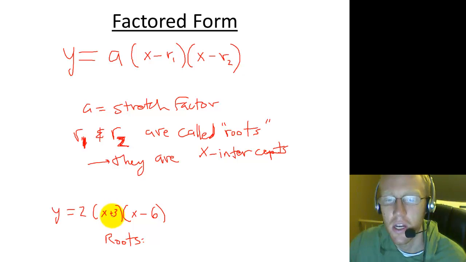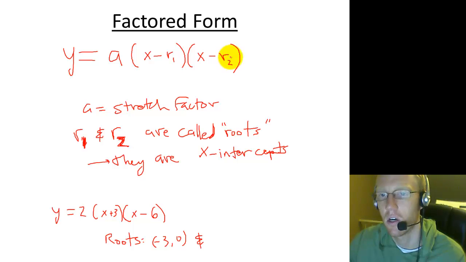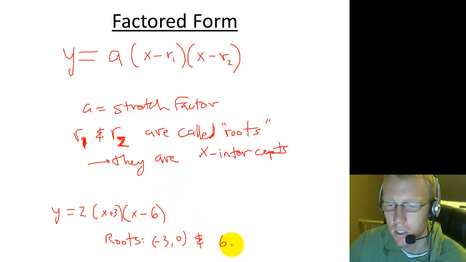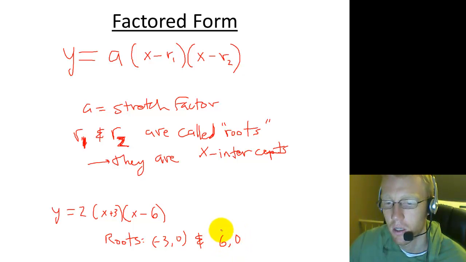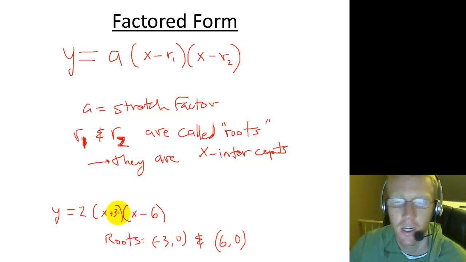So negative 3 is actually what the root is. And since it's an x-intercept, you want to write it as negative 3 comma 0. That's one of the roots coming from here. And the other root, now here it's x minus 6, so x minus r2. Then r2 is just the 6, not the minus sign. So 6, and because it's an x-intercept, comma 0. So the roots are opposite sign of what you see in there.